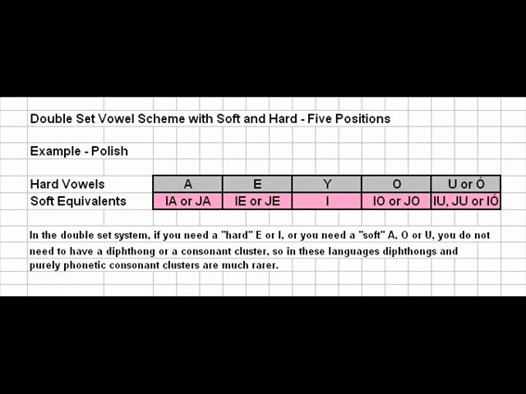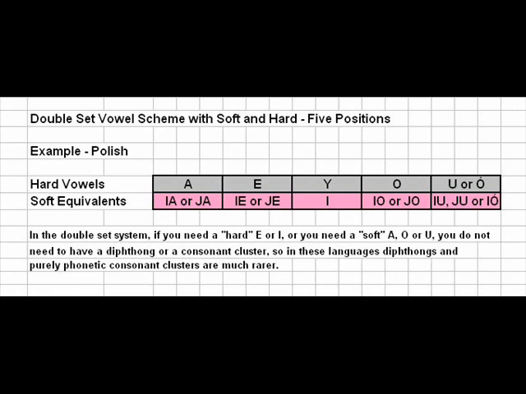In the case of Polish, you can see very clearly you have A and Ja, you have E and Je, you have I and I, you have O and Jo, and you have U and U. The versions which have a J rather than an I in Polish refer to when they appear in the beginning of a word.